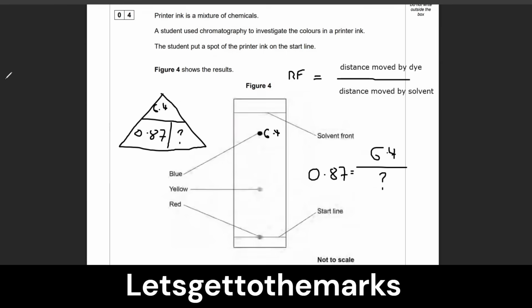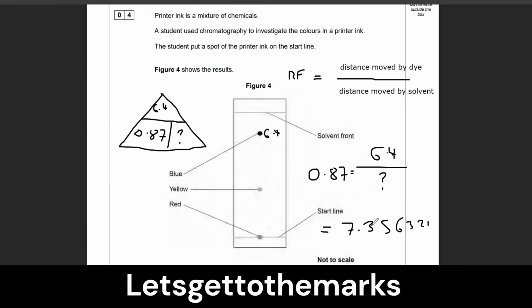There it is. Found it. Right, so I'm going to go 6.4 divided by 0.87, and the answer is 7.35. So this equals the solvent front, how far the water moved up the paper, is 7.356321. Right, I don't need the rest of this, but you get the idea.